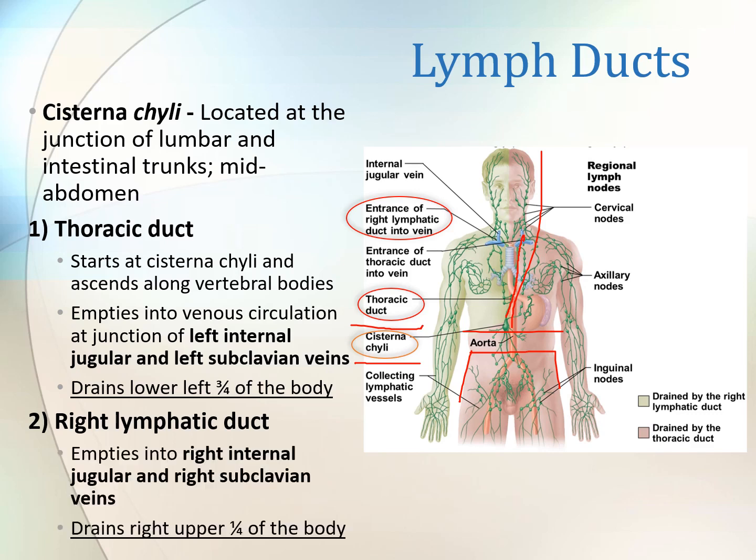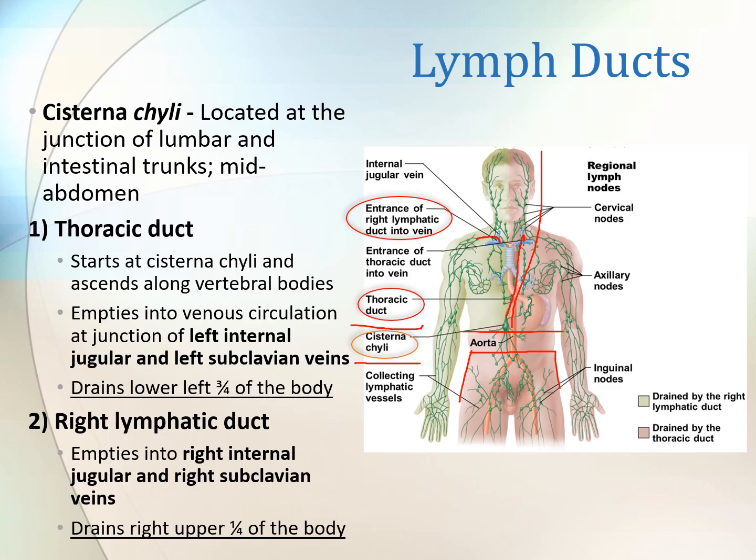And then if you're coming from the right side, so anything from the right head or neck or right arm, you're going to be going through the right lymphatic duct, okay? And so that is going to come in and merge right at the same spot as the left side at that internal jugular and subclavian, but on the right side.